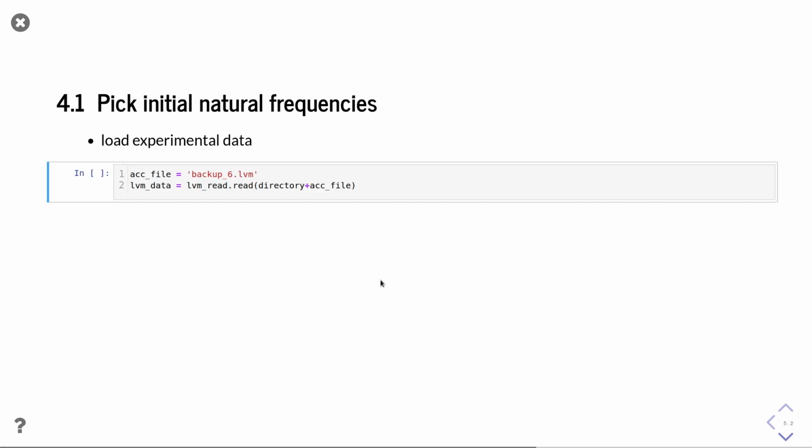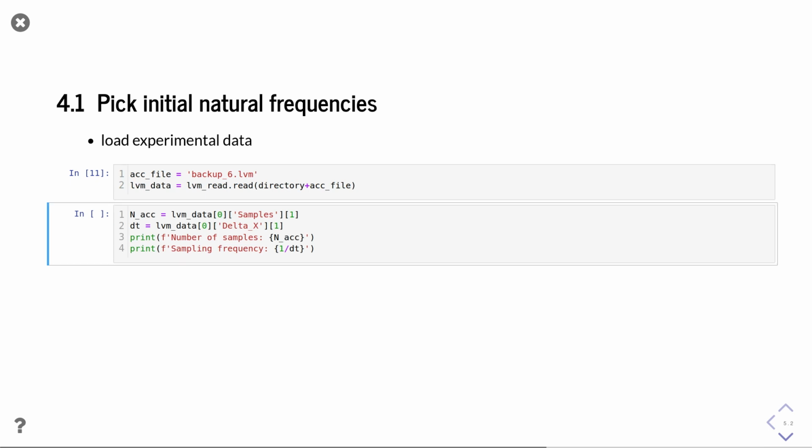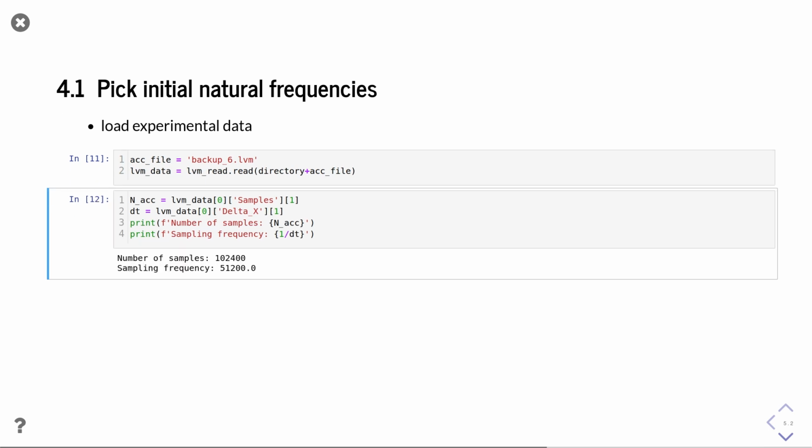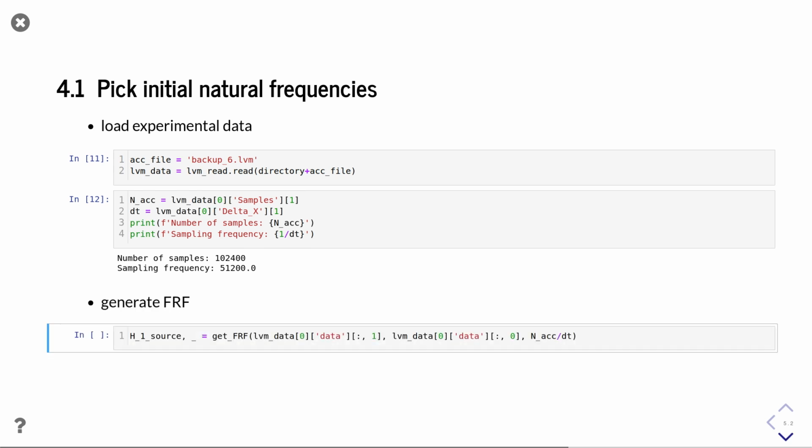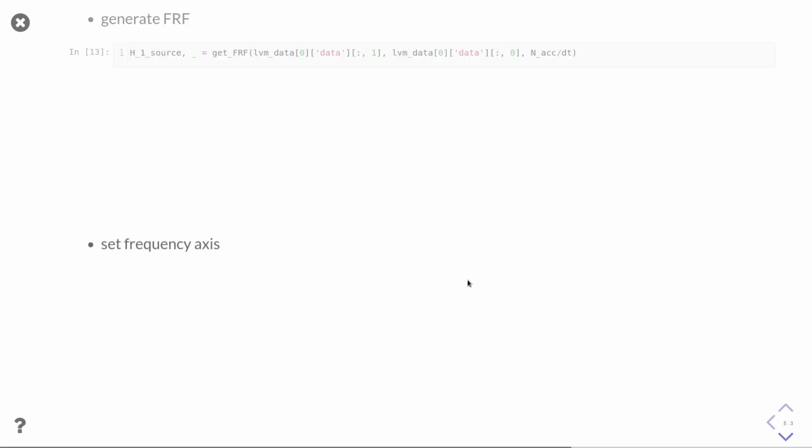So, first, experimental data are loaded, and important parameters about the signal are extracted. Next, the frequency response function is generated by calling a special function, getFRF.